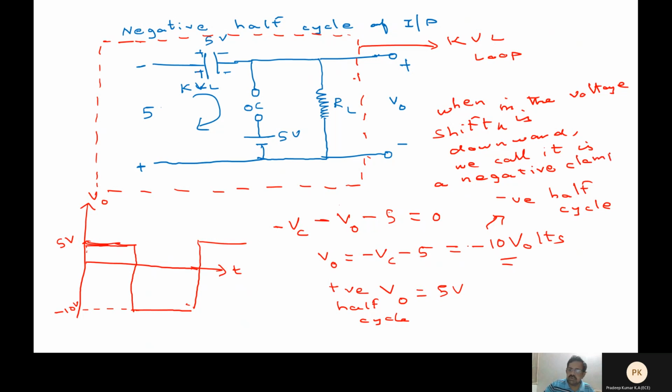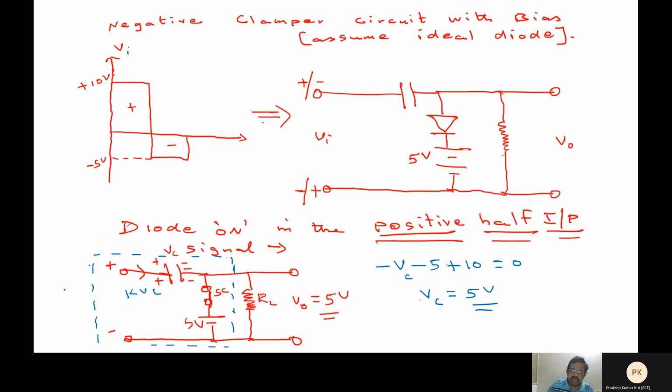Okay, so where is the DC level? Now the sanity check: 5 to minus 10 is a voltage change of 15 volt. Now look at the input: 10 to minus 5, 10 minus of minus 5 is 15 volt. So the sanity check is correct. Now the next question is where is the DC level? If you look at the positive cycle, it is 10 volt to the 0, a 10 volt difference.